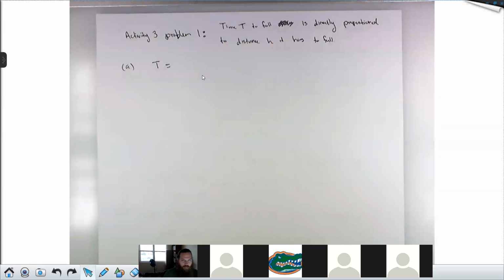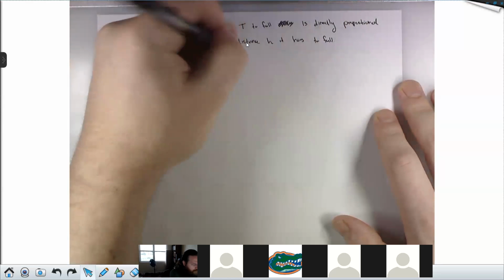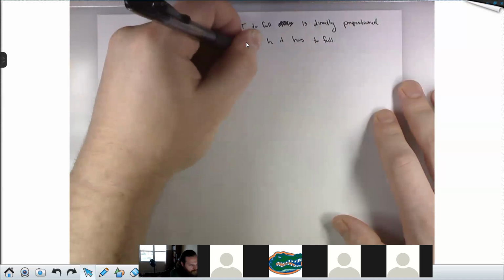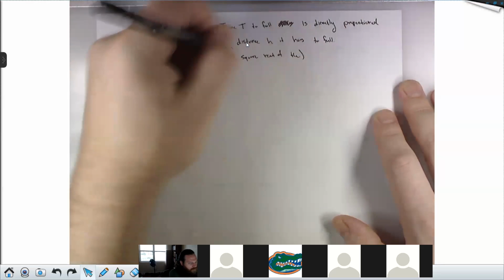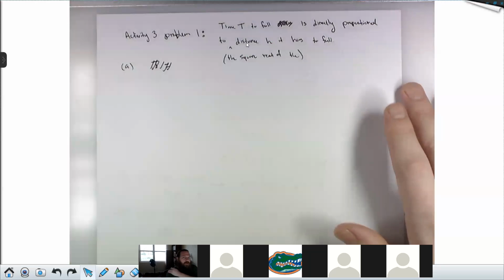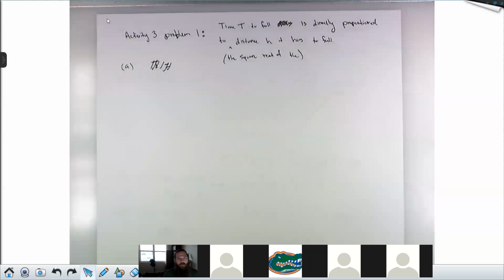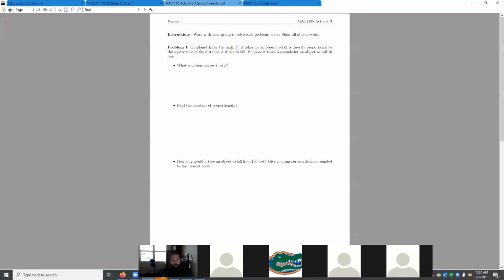No, you don't have to write anything down. Just take notes along with me. Just treat this like another example. So the problem here says the time t is directly proportional to the square root of the distance h.